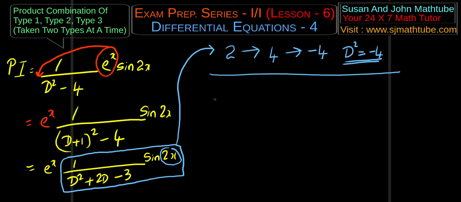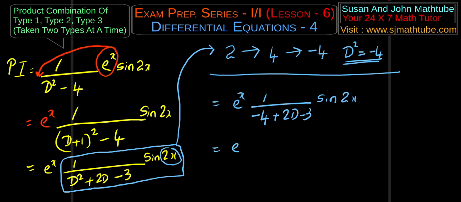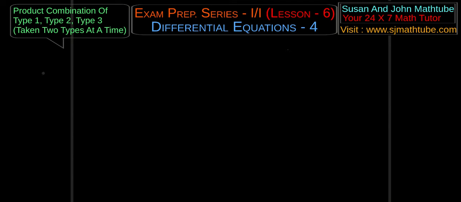So let's do that. Equal to e to the power x 1 by minus 4 plus 2D minus 3 of sine 2x. And that's equal to e to the power x 1 the whole divided by 2D minus 7 of sine 2x. Now what to do? That will be e to the power x and we multiply by conjugate.